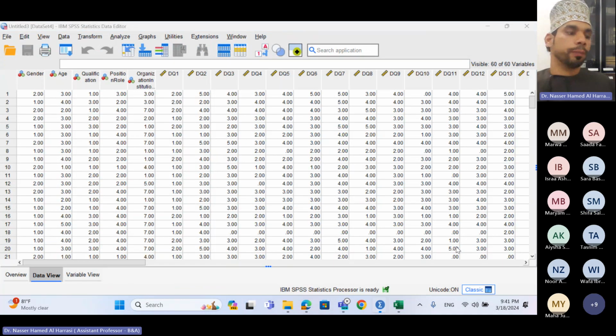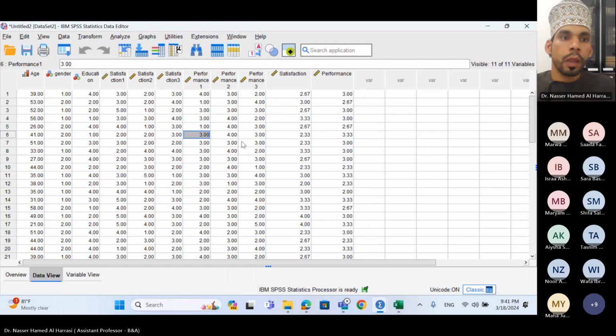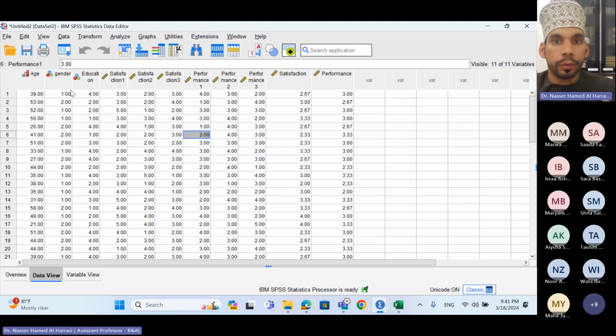Now, the last test, which we would like to have, is called ANOVA. ANOVA, that means the analysis of variance, the variance between the variables. Now, we are having gender, male and female, and we are having employee performance. Now we would like to see who is happy more.